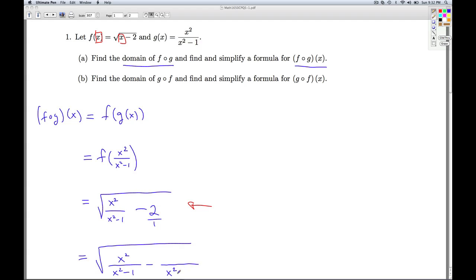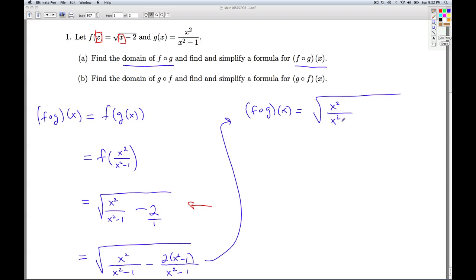Well, x squared minus 1, which means I got to multiply the numerator by x squared minus 1. So f composed with g of x equals the square root of, I've got x squared over x squared minus 1 minus 2 times x squared minus 1 over x squared minus 1.